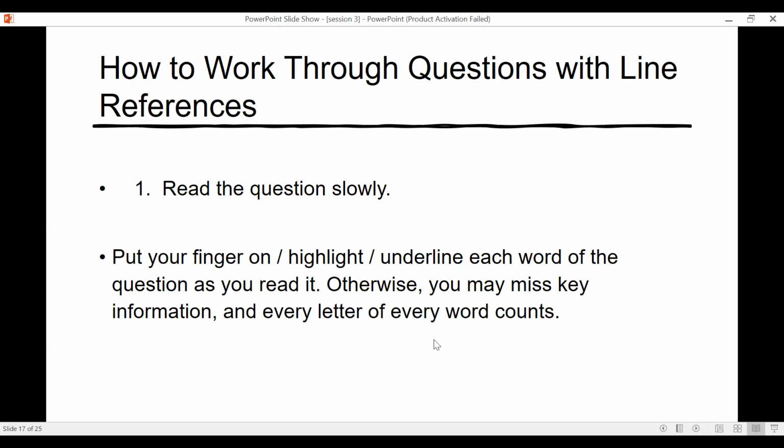Do we mean every letter? Yes, we do mean every letter, because if the question is asking you about one scientist and one answer choice is introducing scientists, so it's only a matter of the letter S, this will make this answer choice incorrect. You see why some of you get some answers incorrectly? It's because you guys do not read well.